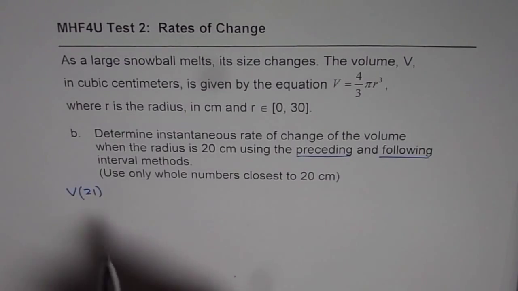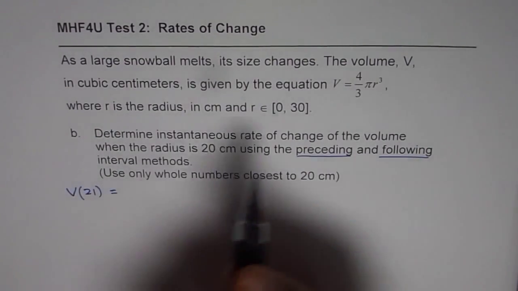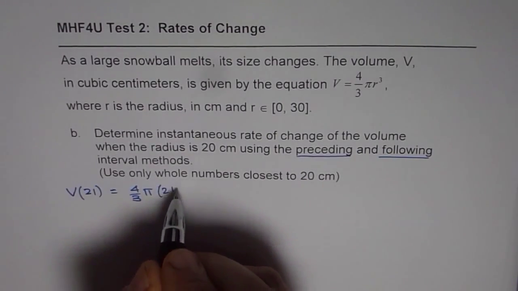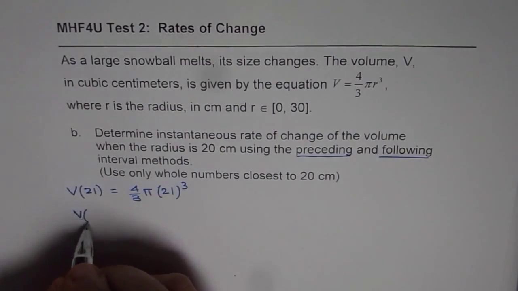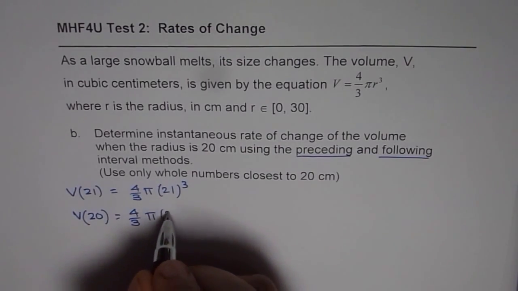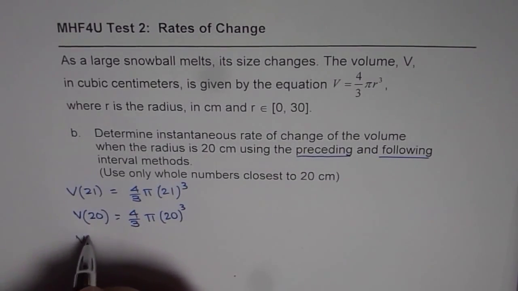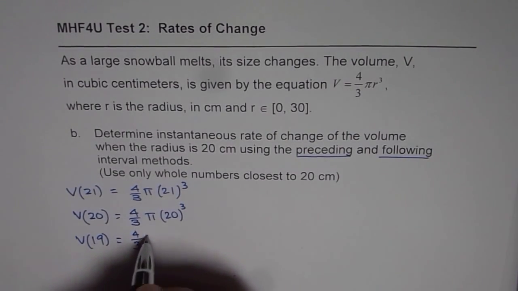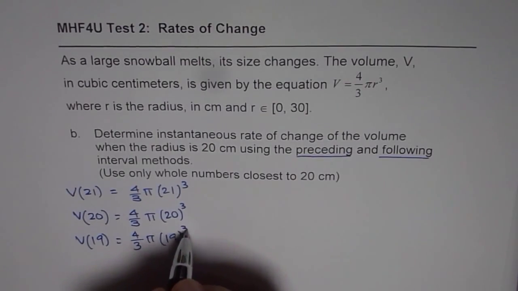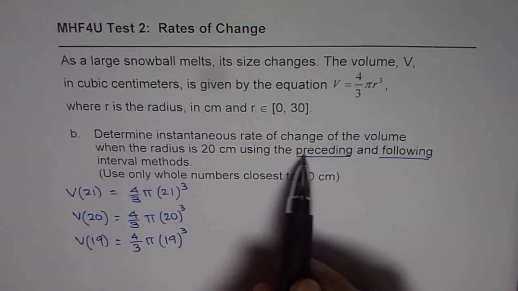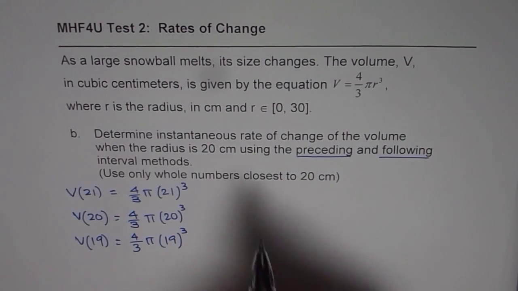Following is afterwards, so find that using the formula, 4 by 3 pi r cubed with r becoming 21, so it is 21 cubed. Calculate the volume for a radius of 20, which will be 4 by 3 pi 20 cubed, and also find the volume with radius 19, which is 4 by 3 pi 19 cubed, correct?